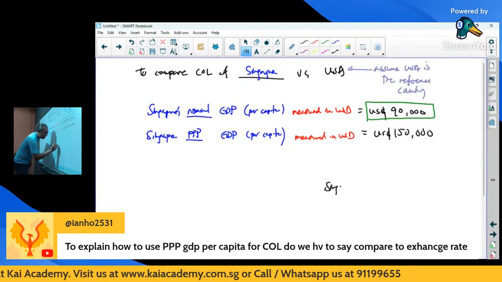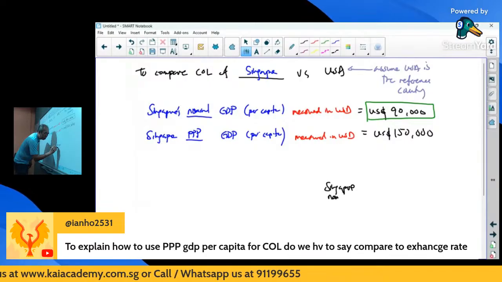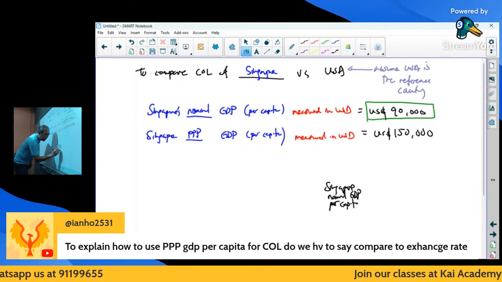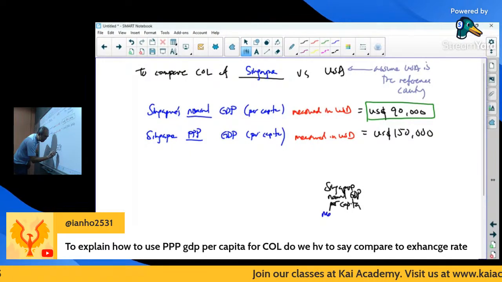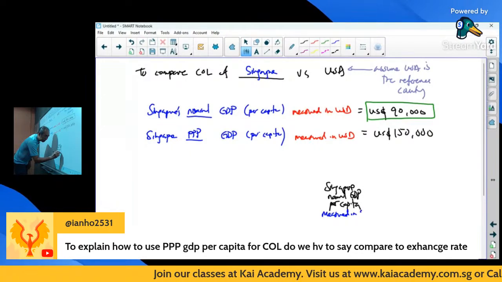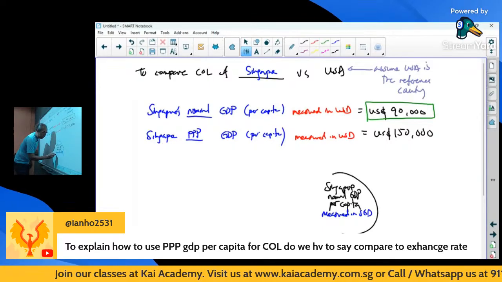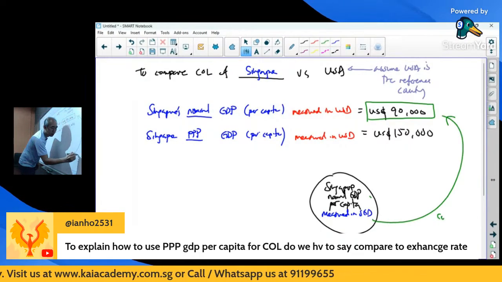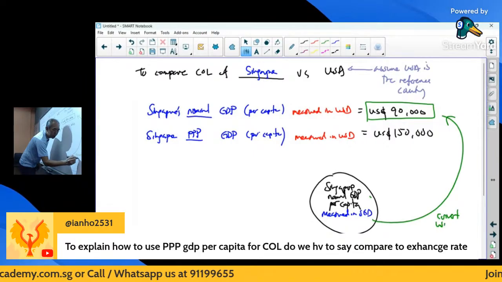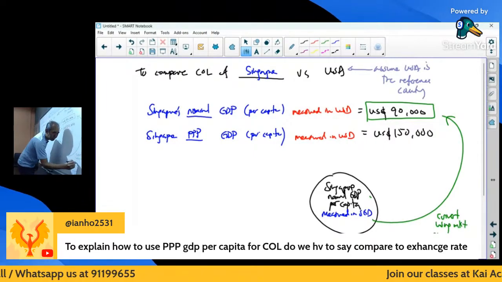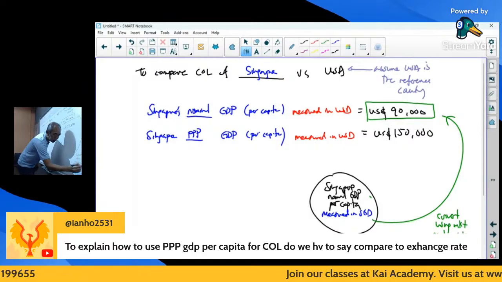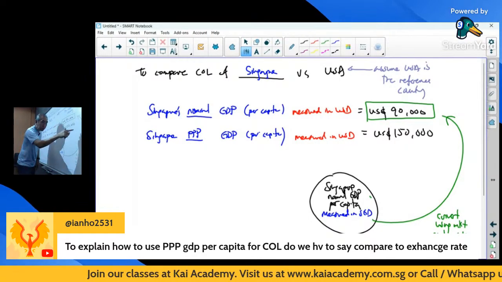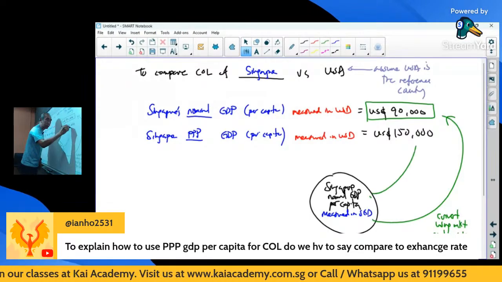So Singapore's nominal GDP per capita measured in SGD, if we were to convert using market exchange rate to US dollars, then this is the GDP per capita in nominal terms in US dollars.